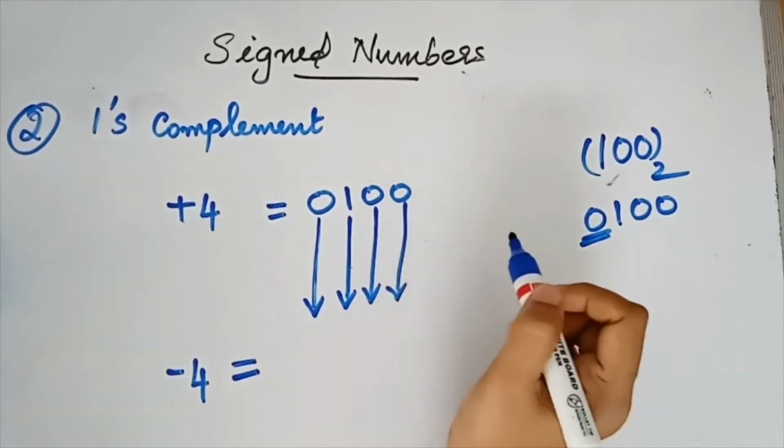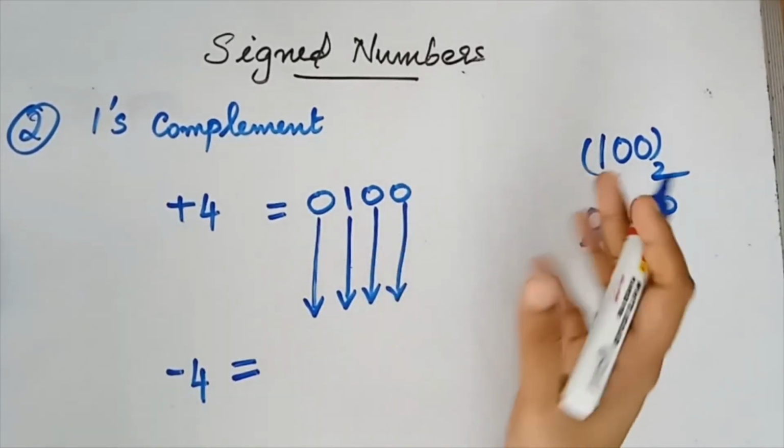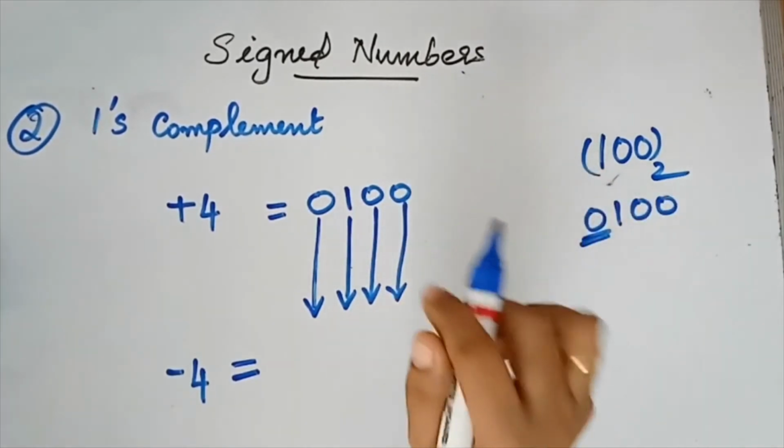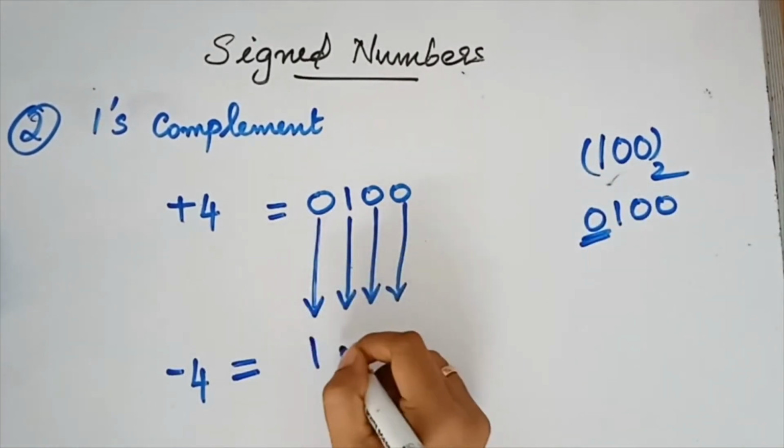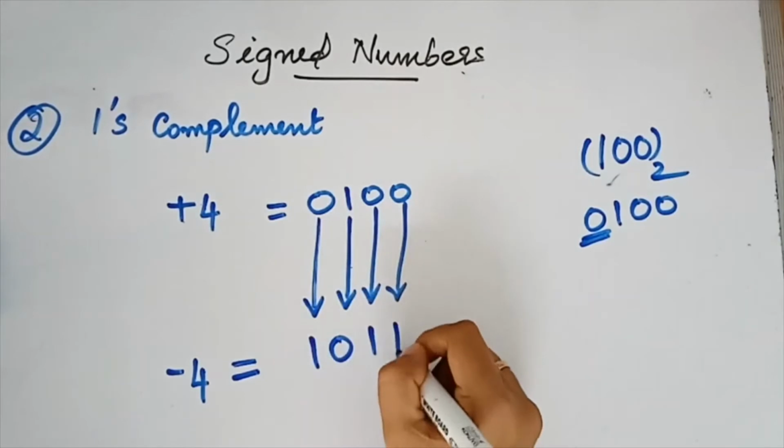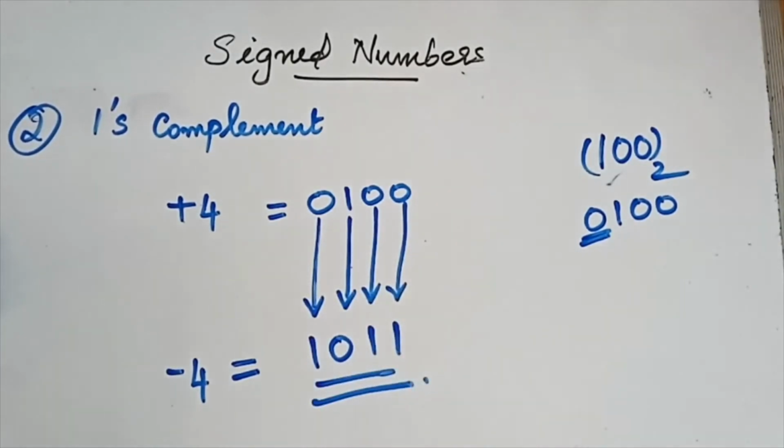Complement each bit means if it's 0, make it 1, and if it's 1, make it 0. So this becomes 1, 0, 1, 1. This is the ones complement form of -4. So the ones complement form of +4 is 0, 1, 0, 0 and -4 is 1, 0, 1, 1.